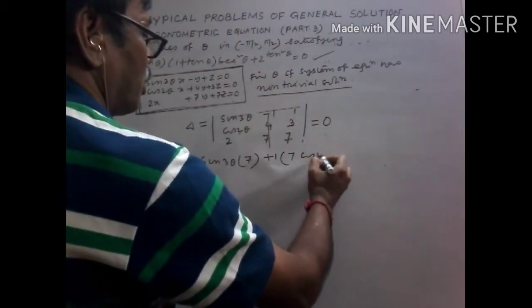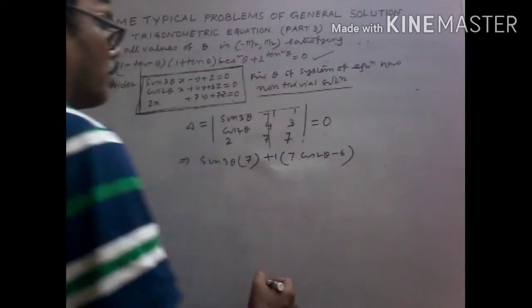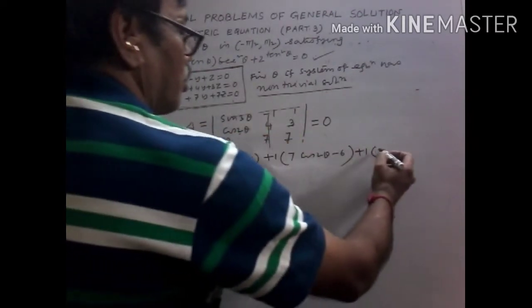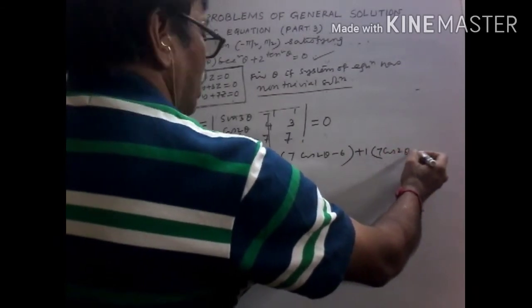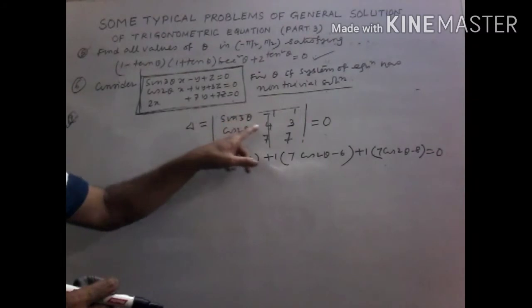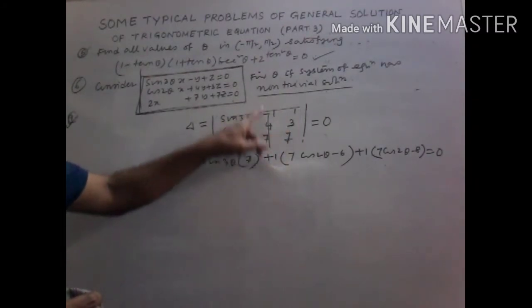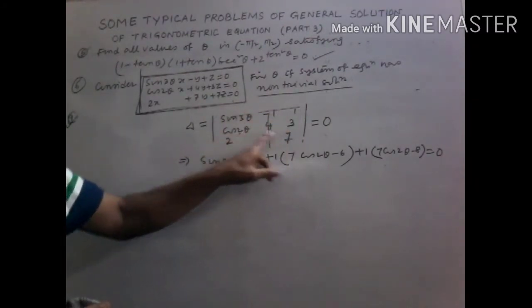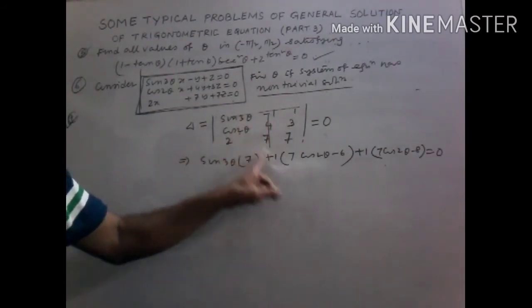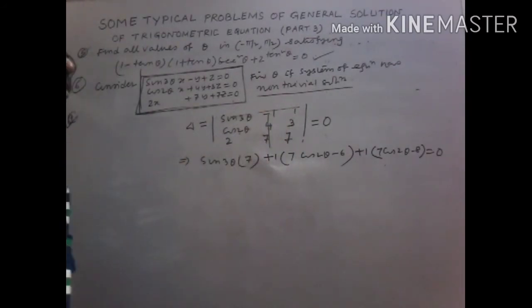So 7 cos 2 theta minus 6 plus 1 into 7 cos 2 theta minus 8 equals 0. Look again, sin 3 theta times 28 minus 21, this is plus. So 7 cos theta minus 6 plus 1, so 7 cos theta minus 8.